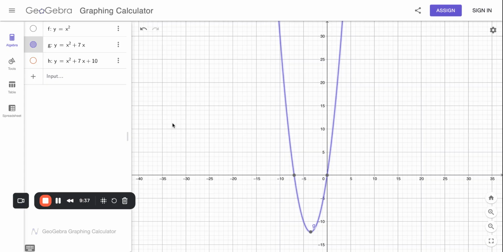So what is the value of the minimum of g? Negative 12.25. If it shifts up 10 units, we should expect that our turning point is going to be negative 3.5, negative 2.25. So let's check. Let's click here for the extremum. There you go.